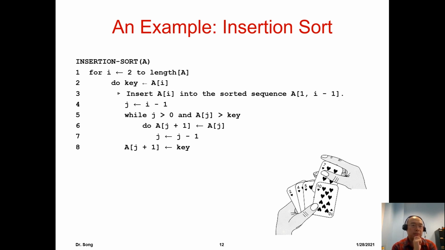We compare one pair of values, and if they are not in the right order, we swap, and then we move on to the next pair, and if necessary, we swap again. So we move down from the beginning to the end. And after one pass of the bubble sort, what have we done? We have at least put one value into the right place. So that's the bubble sort.